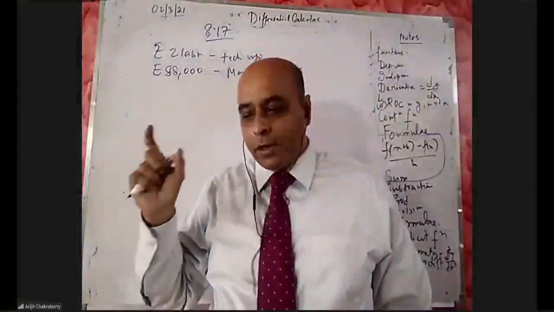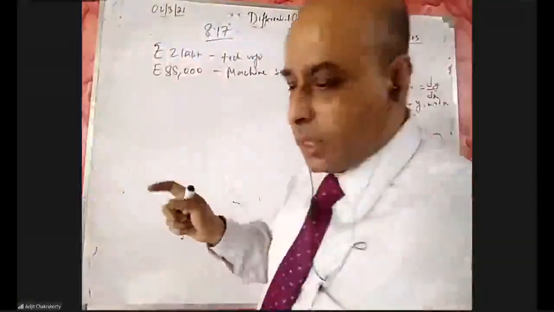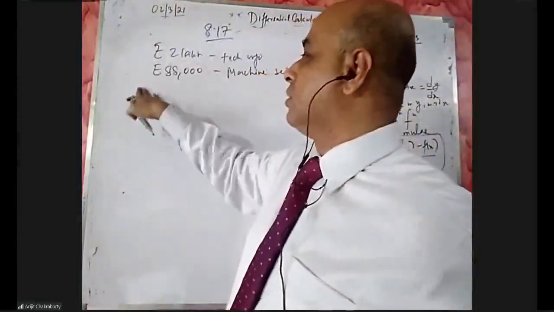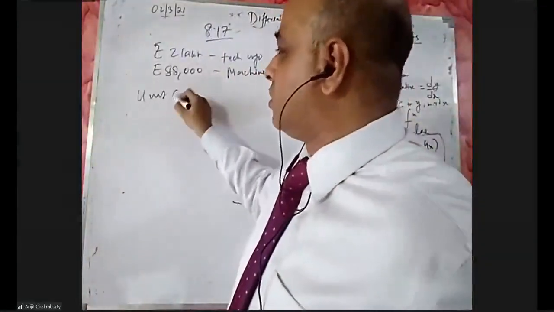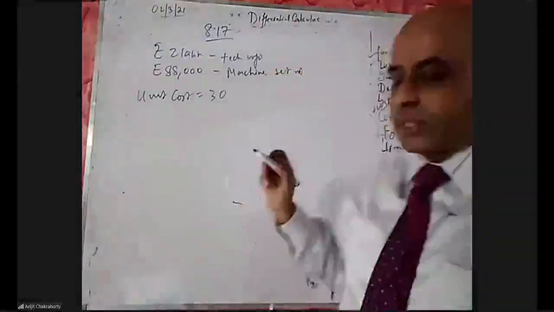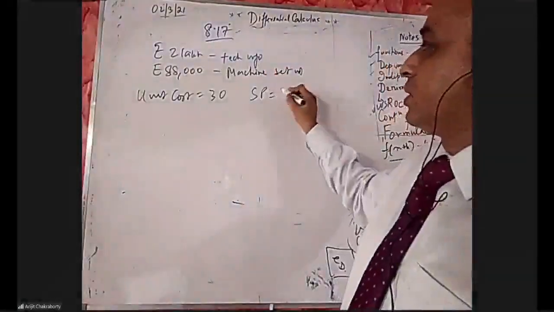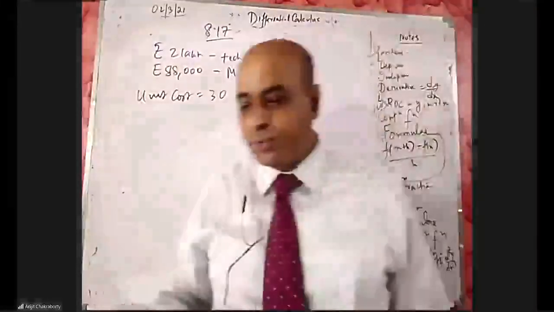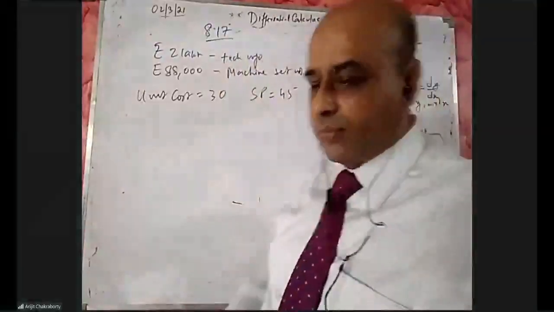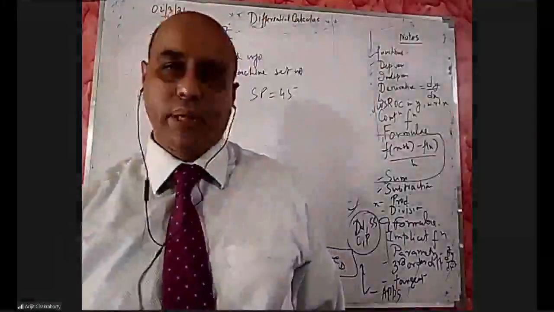The cost of producing each unit is 30 rupees. So unit cost is 30 rupees, and sale price, SP, is equal to 45 rupees. You have to find the total cost function and the break-even point.